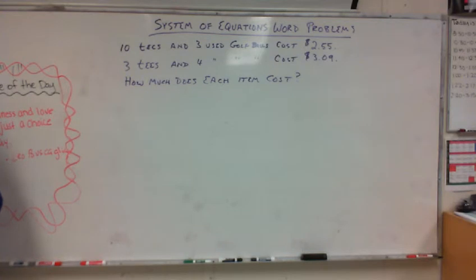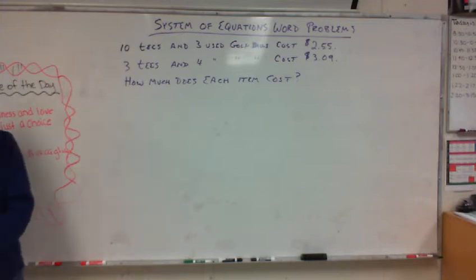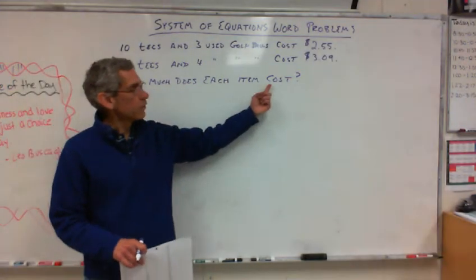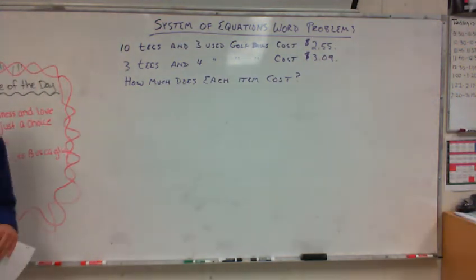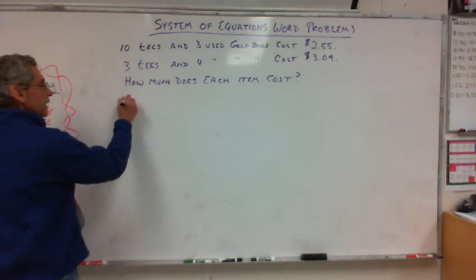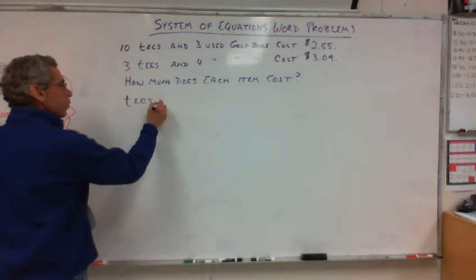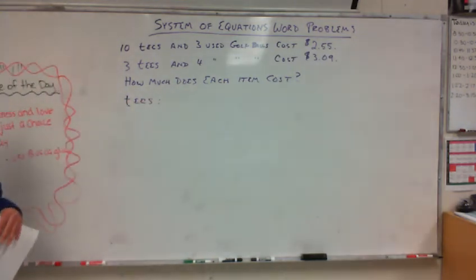All right, so let's put it this way. We are looking for the cost of each item. How many different types of items? 2 different types of items. We have tees, and let's use a variable to identify that.